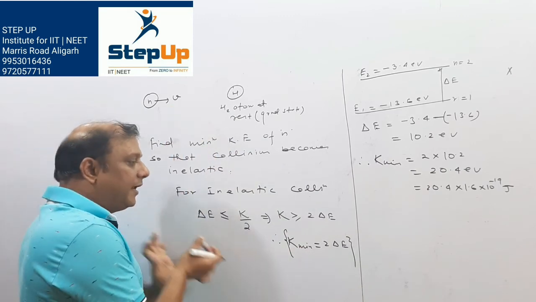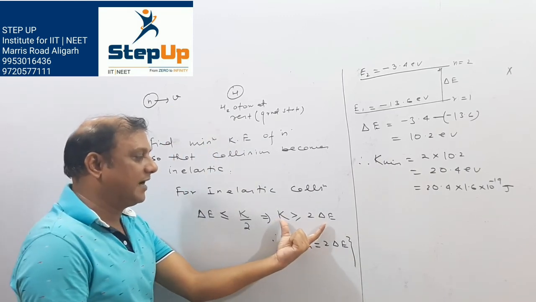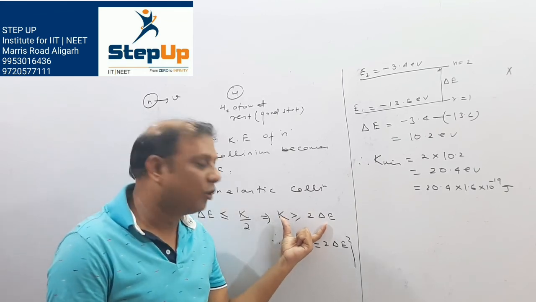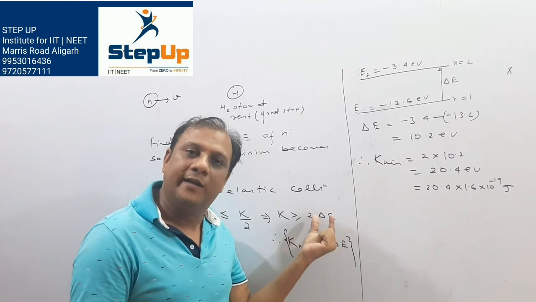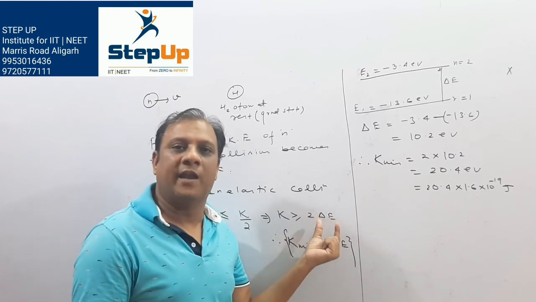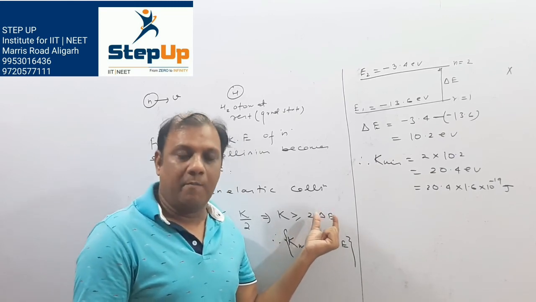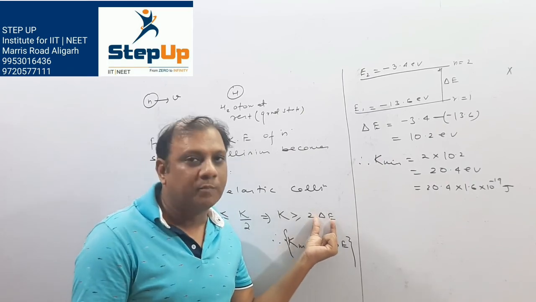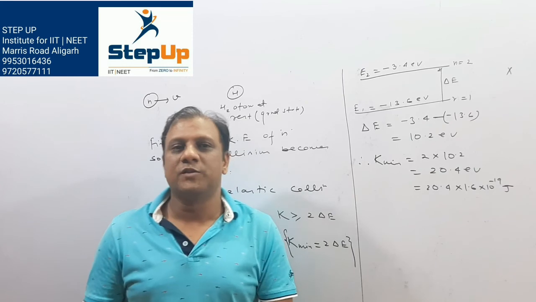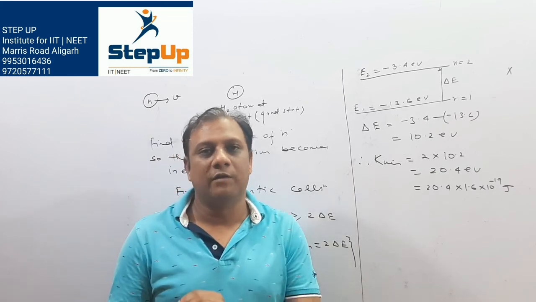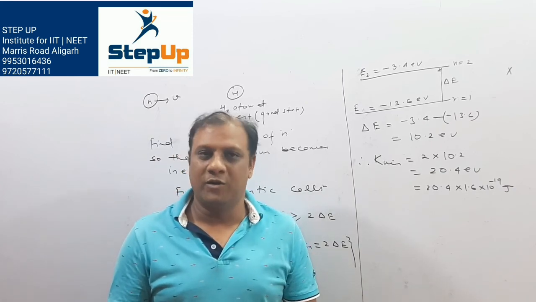With the help of this concept, that the kinetic energy of the incident neutron should be greater than or equal to 2 delta E, where delta E is the energy required by the electron to jump from ground state to excited state, you may solve all the problems related to atomic collision.